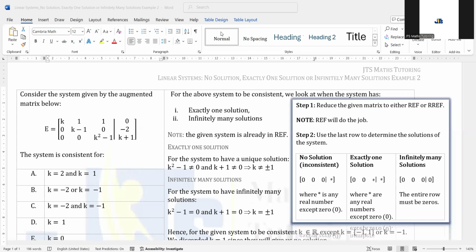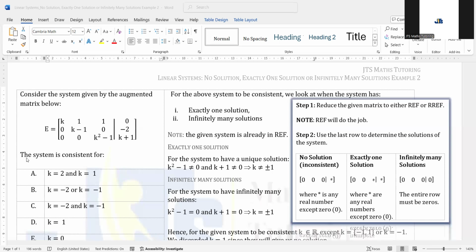All right. So we are given a question here. Consider the system given by the augmented matrix below. The system is consistent for, so this term consistent, it means that it has got a solution. And when we are dealing with that aspect of having a solution, there are two possible scenarios, exactly one solution or infinitely many solutions. So that is what we are going to be considering right here.